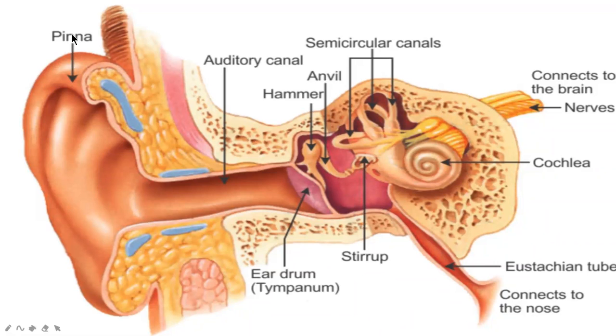This is the outer part, called the pinna, and it receives the maximum sound waves and passes them into the next organ, which is called the ear canal or auditory canal.